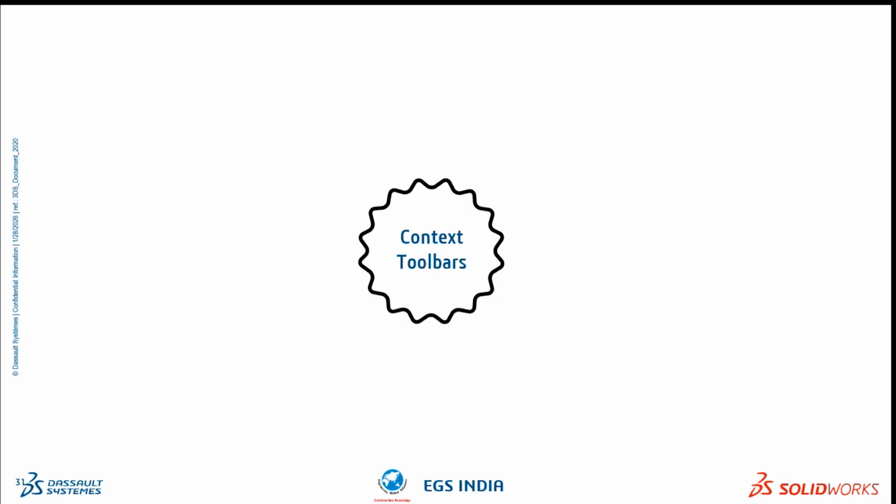The content of the context toolbar changes depending on your selection. This is available on all platforms, like modeling, faces and edges. Depending on the selection, the most relevant tools are displayed, making your workflow faster and more efficient.